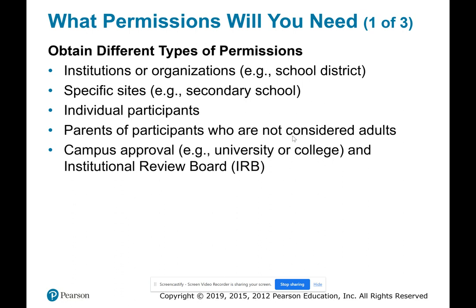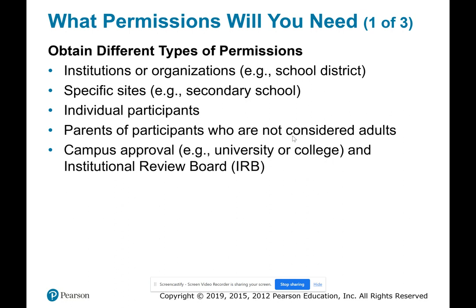Now we're going to talk about step two in collecting quantitative data, and this is obtaining permission. So once you've identified and selected the participants of your study, now you need to get the permission to study them. This permission will include an overview of your study, their expected participation, and the procedures of the study.